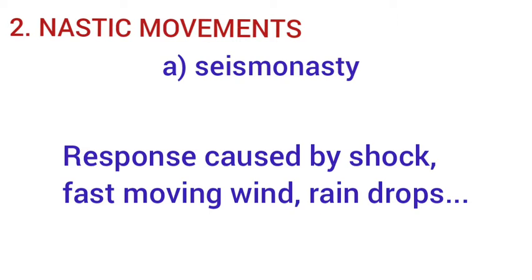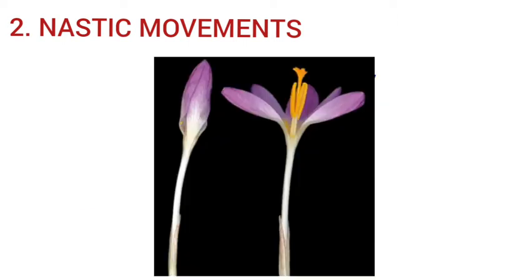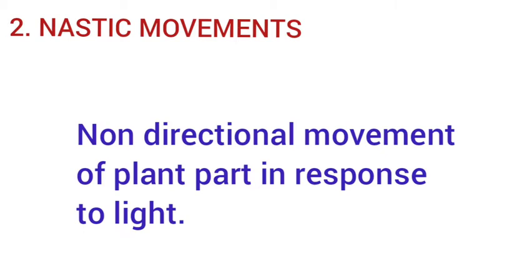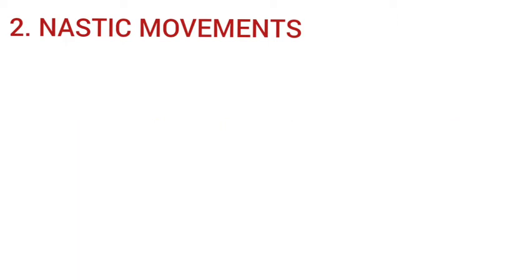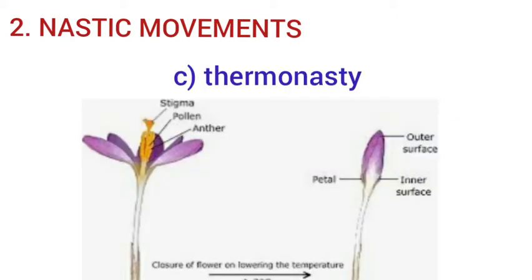Seismonastic movement. This type of movement is caused by shock, touch, fast moving wind, or raindrops. Photonastic movement is the non-directional movement of a plant part, usually in the petals of flowers, in response to light. Thermonastic movement.